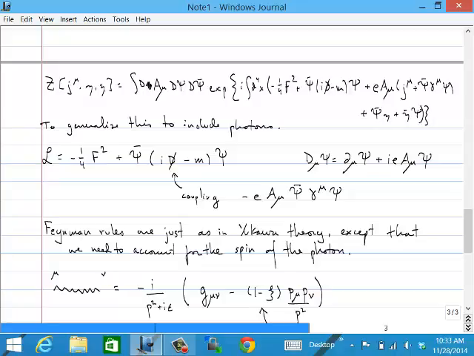When we say a source, it's an external source. That's a good question. There are many different ways of deriving all of these various things. I suppose when I did the gauge field, I didn't use the path integral point of view.